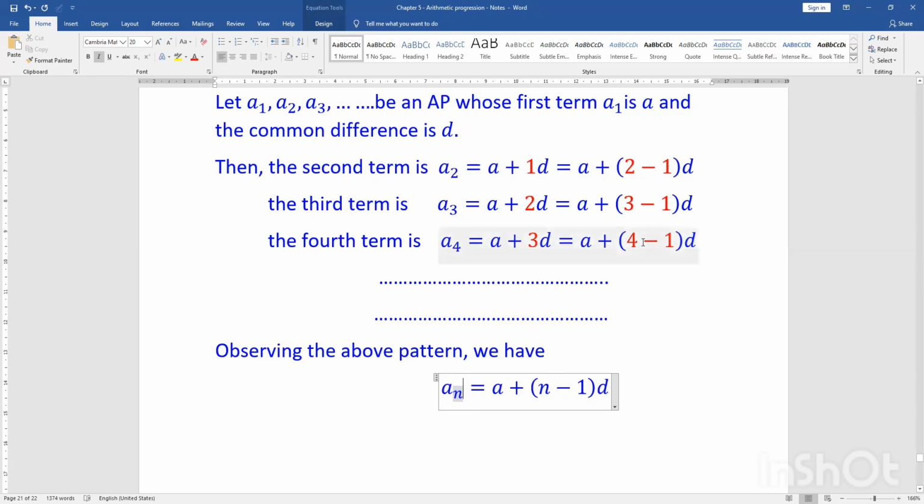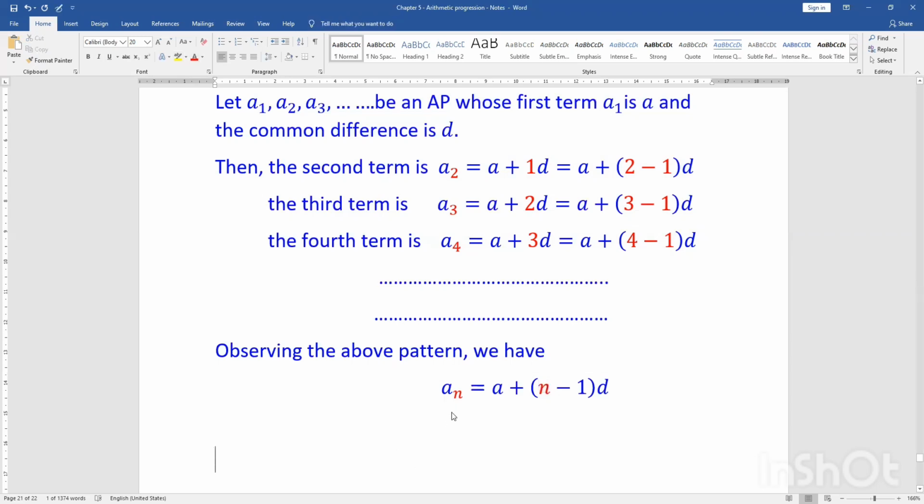So 3, I'm going to write as 4 minus 1, so here also I'm going to write n as n minus 1. So an is equal to a plus (n minus 1). See, a4 has 4 minus 1, a3 has 3 minus 1. That number is changing. So whenever you have this n, n will become n minus 1.